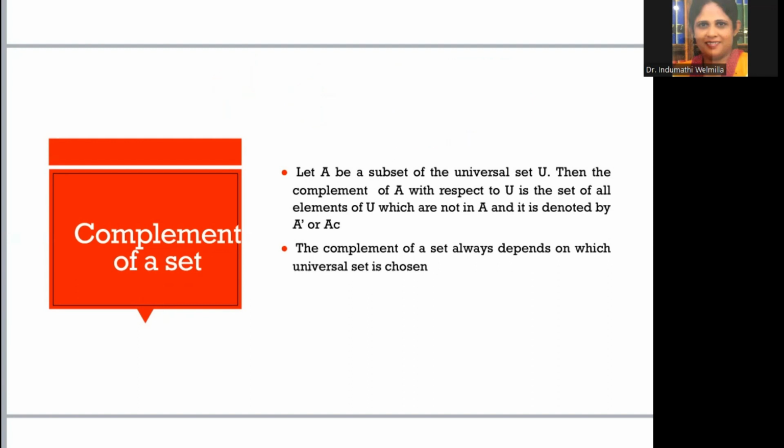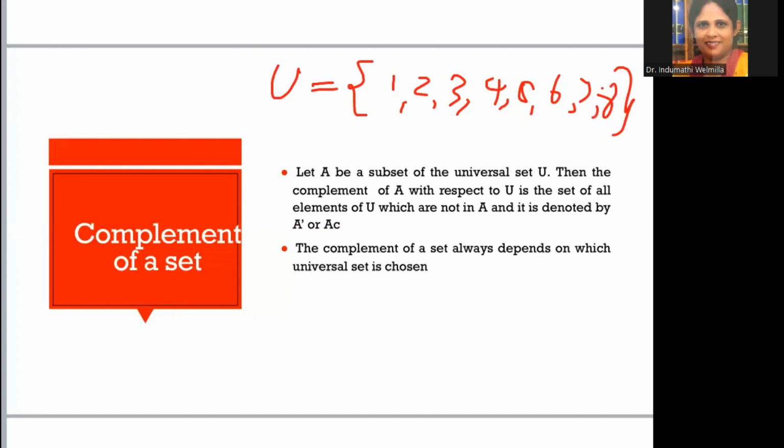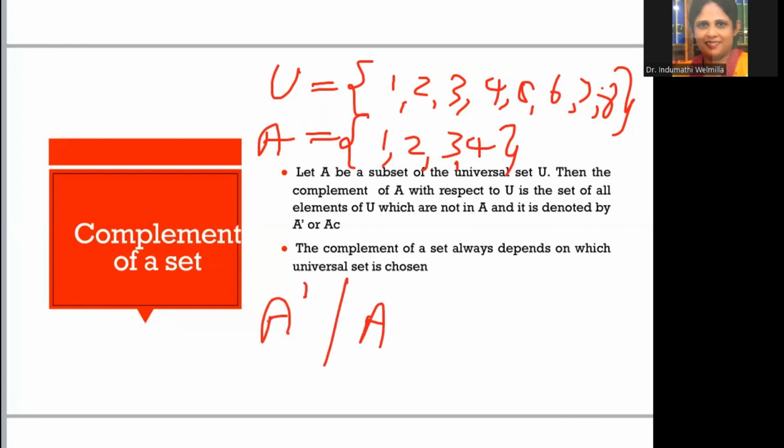So anyway, if our universal set is 1, 2, 3, 4, 5, 6, 7, and 8, and A is 1, 2, 3, 4, then the complement of A, we can use both notations, is equal to only 5, 6, 7, 8, right?